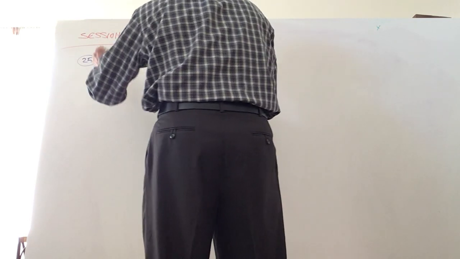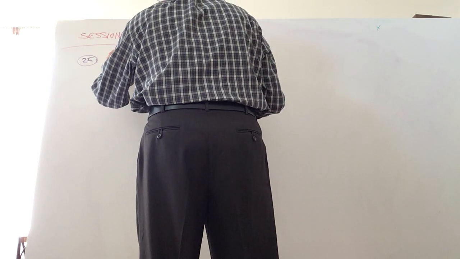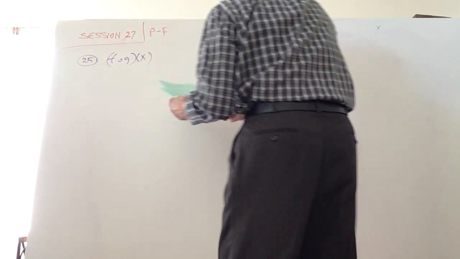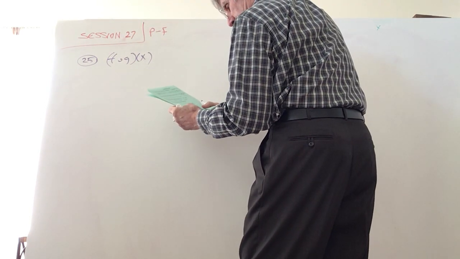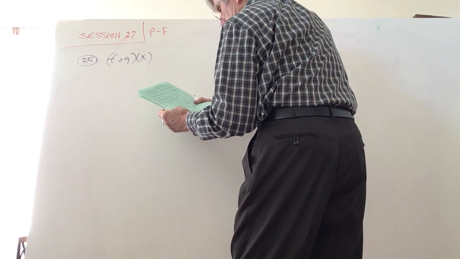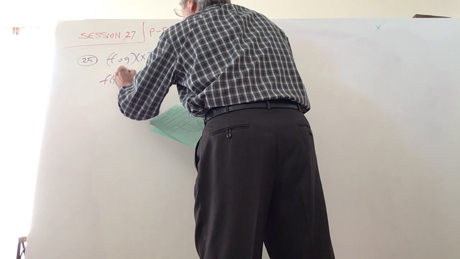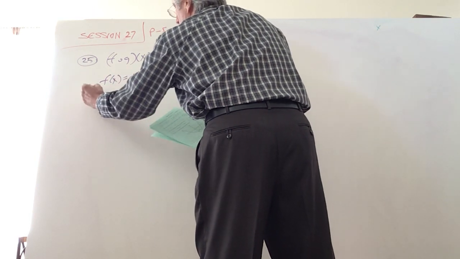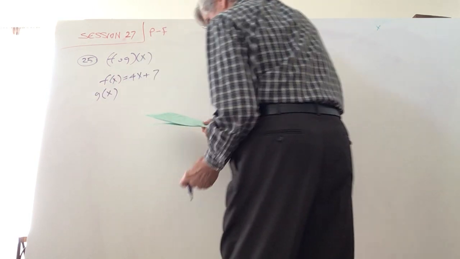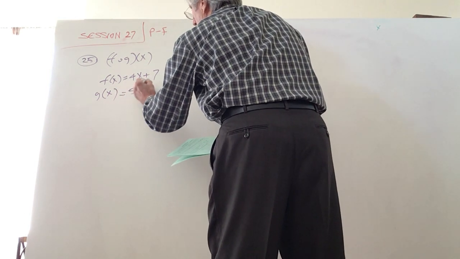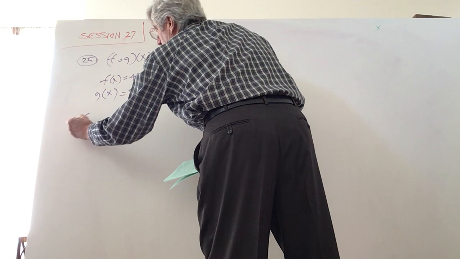25 says to find f circle g of x, given that f of x is 4x plus 7, and g of x is 5x minus 1. So we're looking for the f of the g of x.